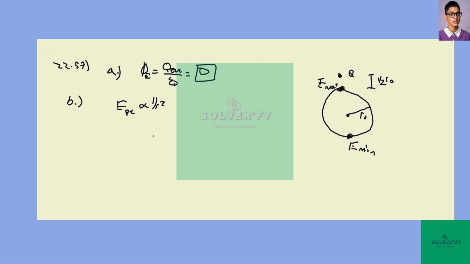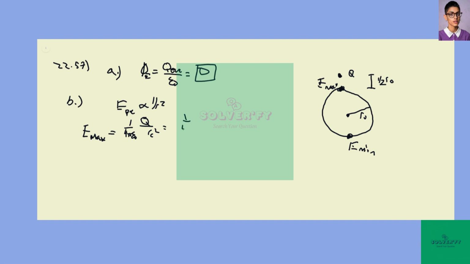So now let's calculate what these are. Let's do E max first. This is just 1 over 4 pi epsilon naught times the charge over r close squared. So let's rewrite that out.